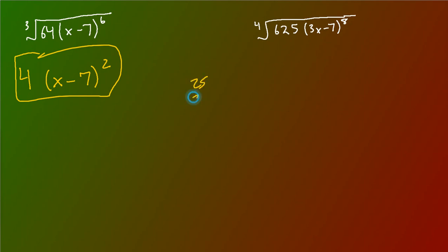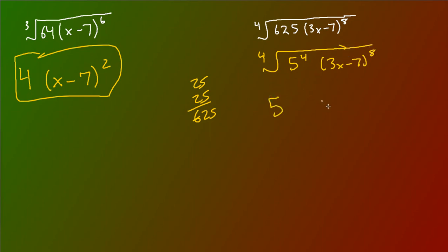Well, it just so happens 25 times 25 is 625. So if I were to prime factorize this, I would get 5 to the 4th. And this is fine the way it is. Okay, so the 4th root of 5 to the 4th is 5. And then the 4th root of that, 3x minus 7. So you divide that by 4 and get 2.